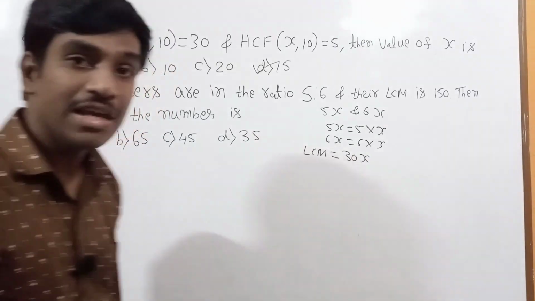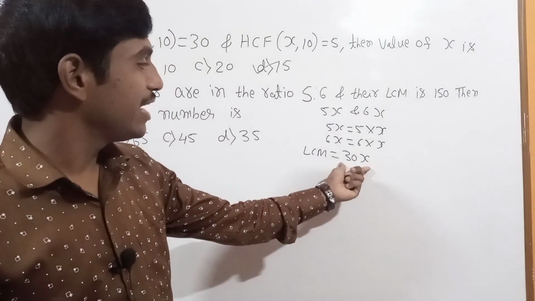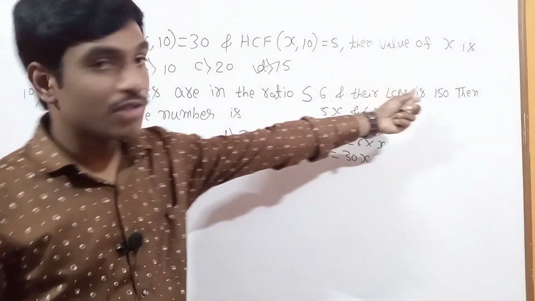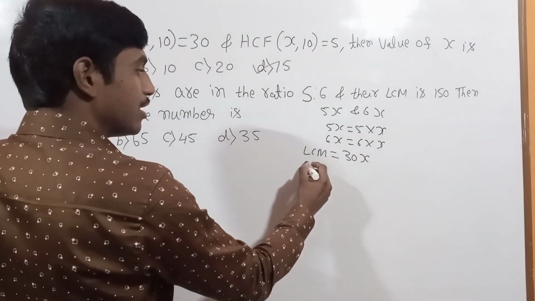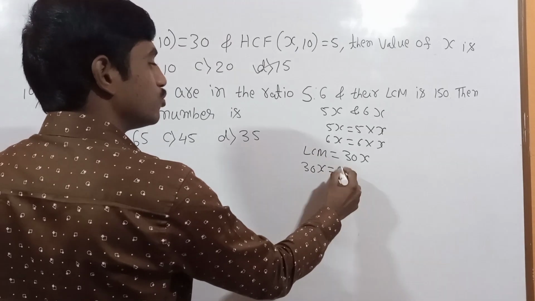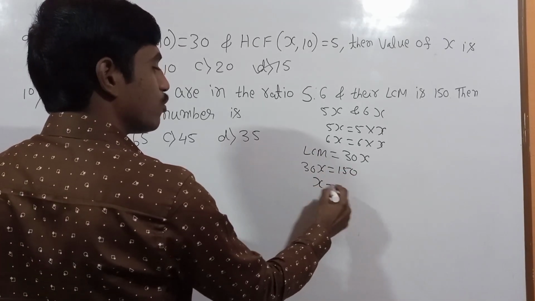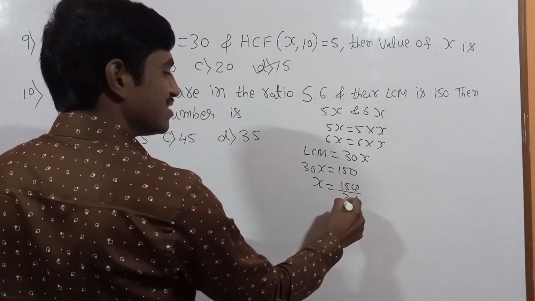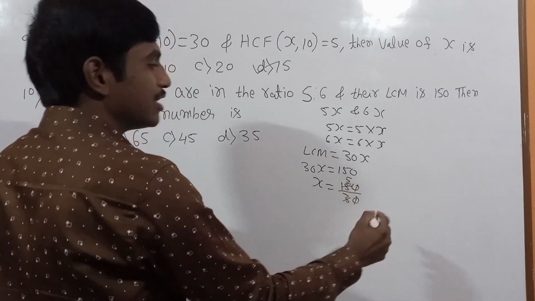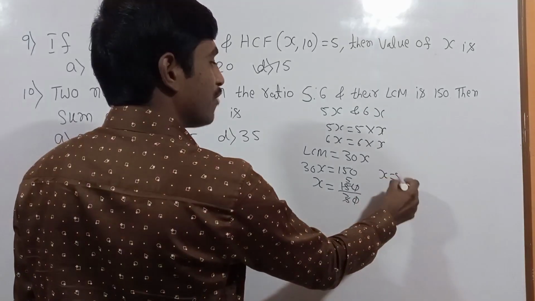That means 30x equals 150, because the LCM given is 150. So x is equal to 150 by 30. The zeros get cancelled, 3 fives are 15. So the value of x is 5.